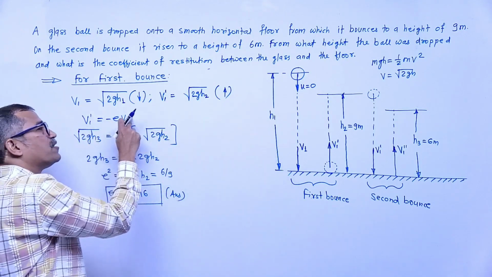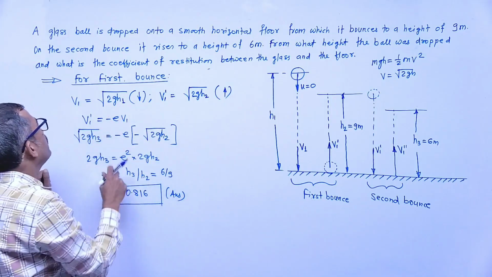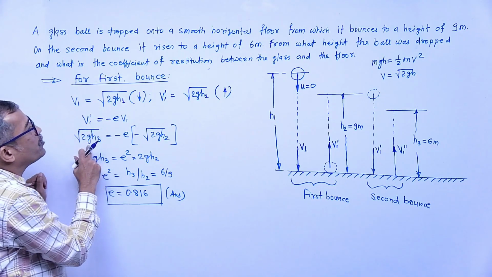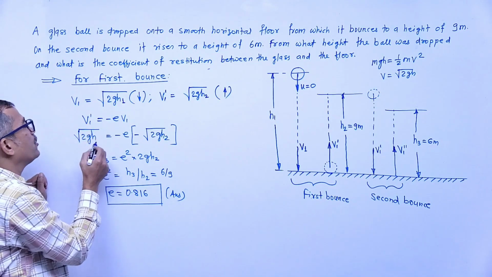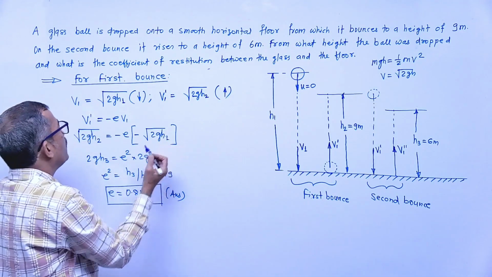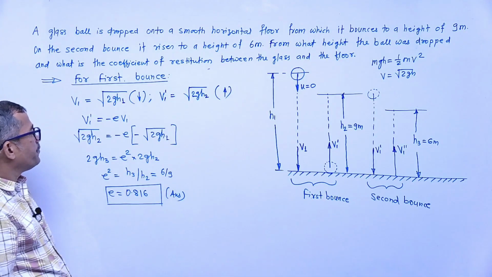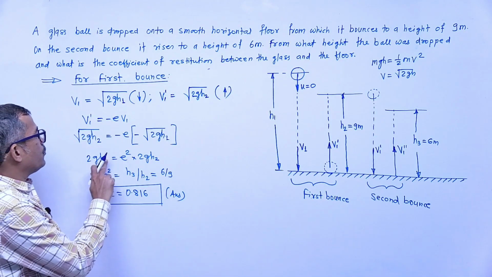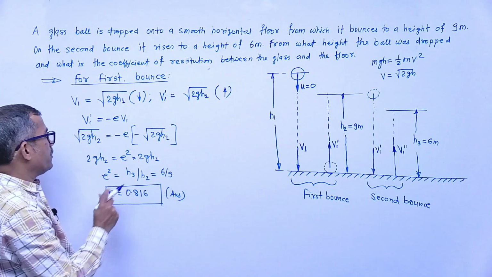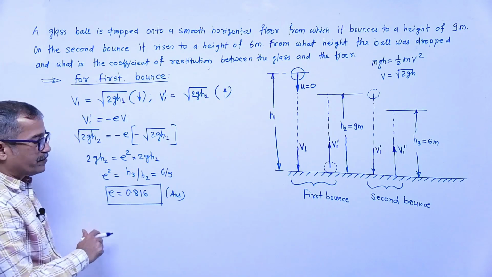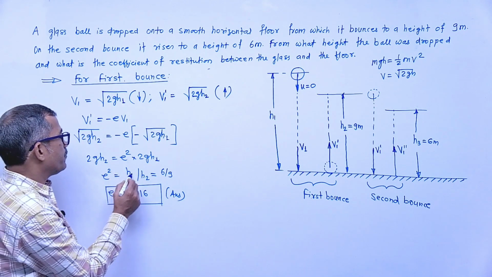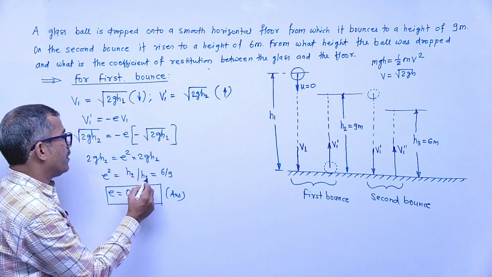This is before impact, direction reverses. So V1 dash is root of 2gh2, and this one is root of 2gh1. Means 2gh2 equals e square times 2gh1. E square becomes h2 upon h1.